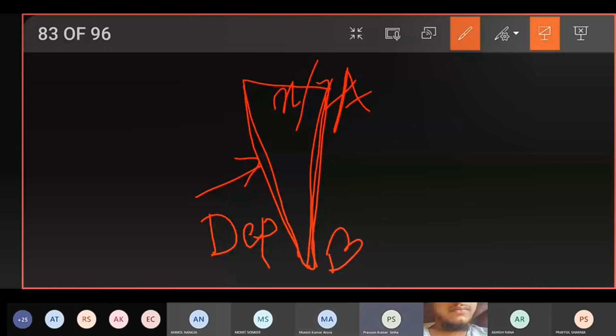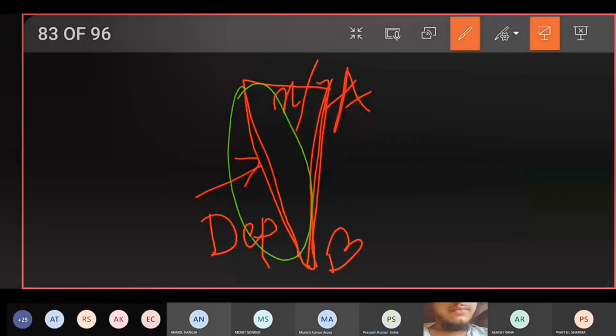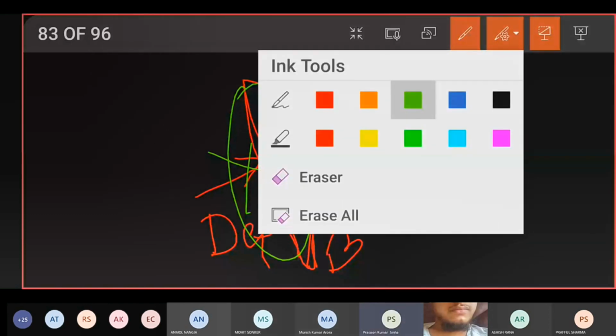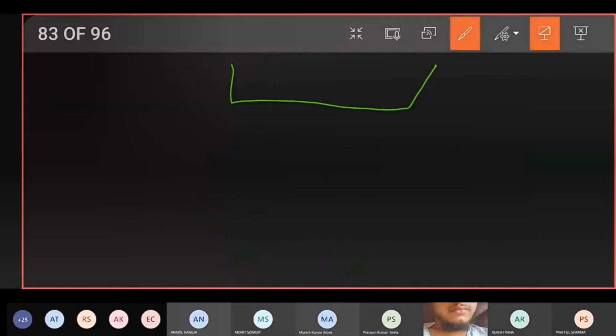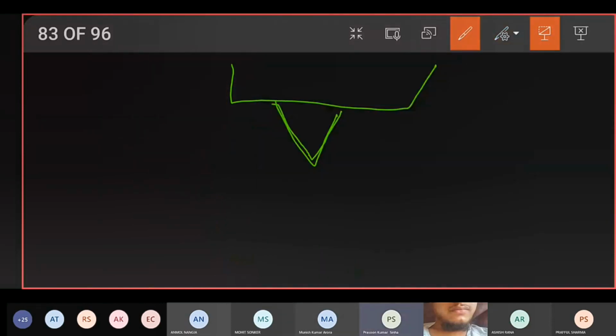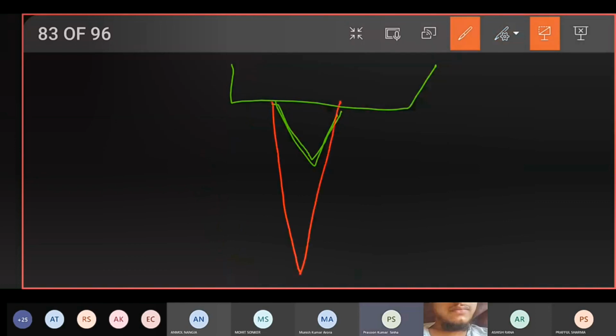So the depth that the echo sounder is giving me is this, but this is wrong. It should be this. This is what is Pythagoras error. This error is prominent in the shallow waters, but not so prominent in deep water.